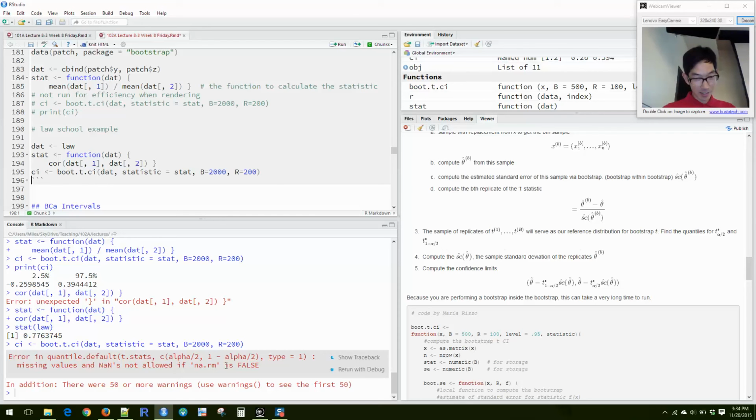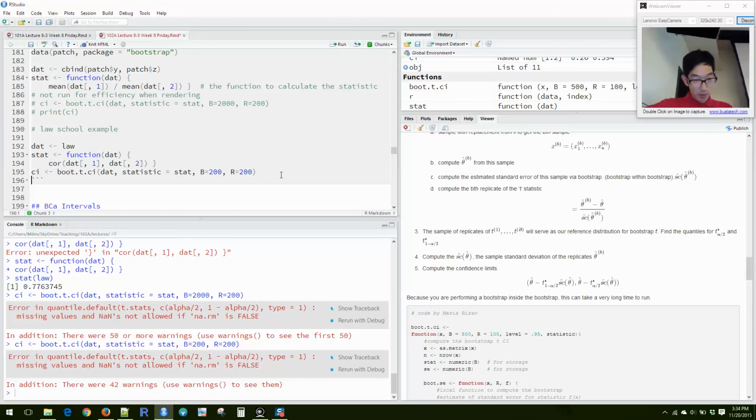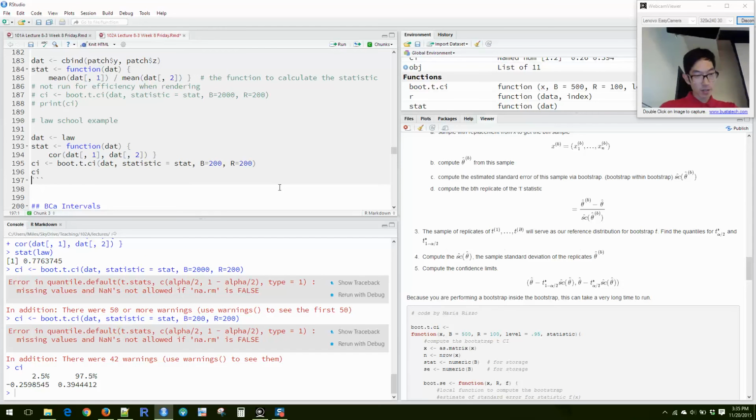Quantile t-stats, alpha, type equal 1. I'm getting NAs here. Why am I getting NAs? Let's just do fewer and see if we still get the same. There were 42 warnings, error in quantile. What happens if I ask for this? Yeah, it didn't work.